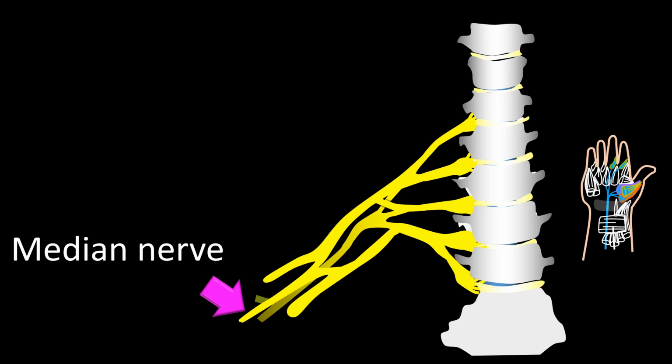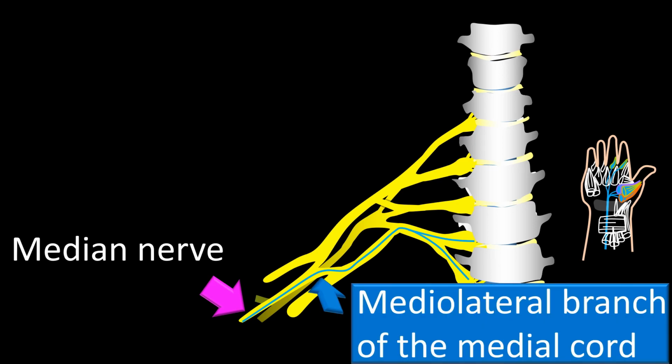All hand median innervated muscles, the lumbricals for the second and third fingers, the opponens pollicis, the abductor pollicis brevis, and the superficial head of the flexor pollicis brevis, which I have colored solid blue in this figure, are innervated from C8 and T1 spinal cord segments, and as such join the median nerve through the mediolateral branch of the medial cord.